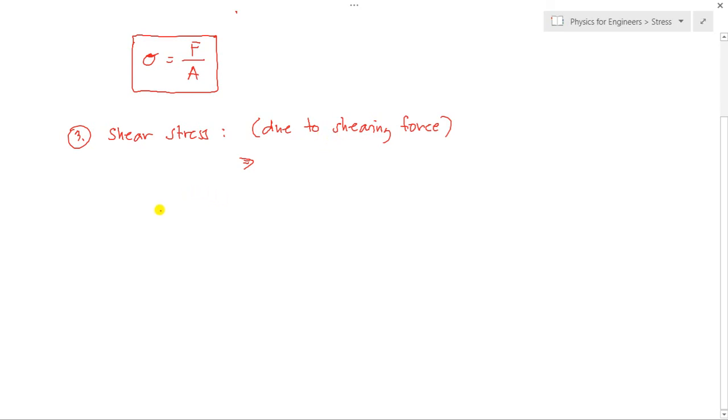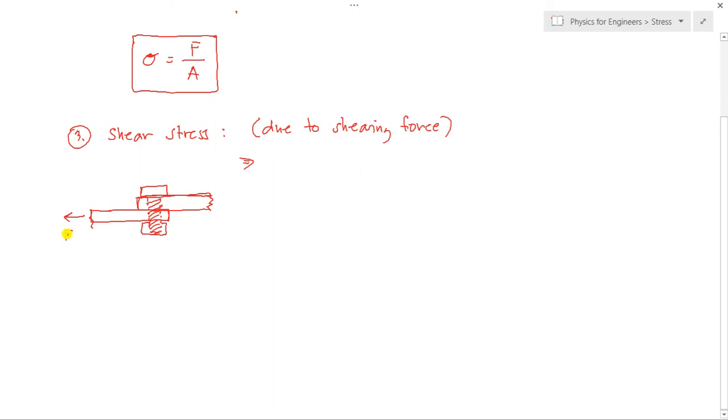So let's say we have here a figure. We have two metals, and then of course we have a bolt, and then of course a nut here. Assuming this is a bolt. So the shearing stress occurs if we apply, let's say, a force here.